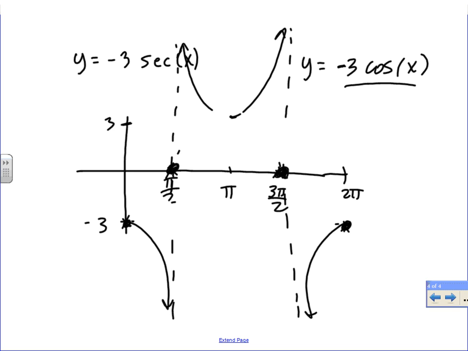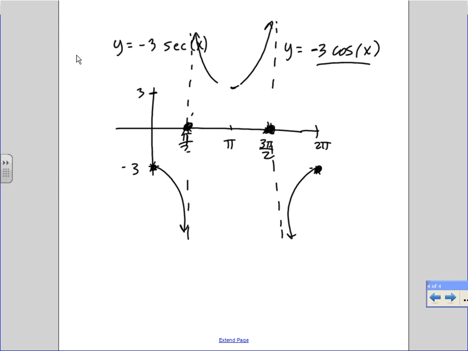Now let's look at the domain and the range. For the domain, let's notice where it's undefined. It's undefined at pi over 2 and 3 pi over 2. So the way I would describe it is the odd integer multiples of pi over 2 is where it would be undefined.